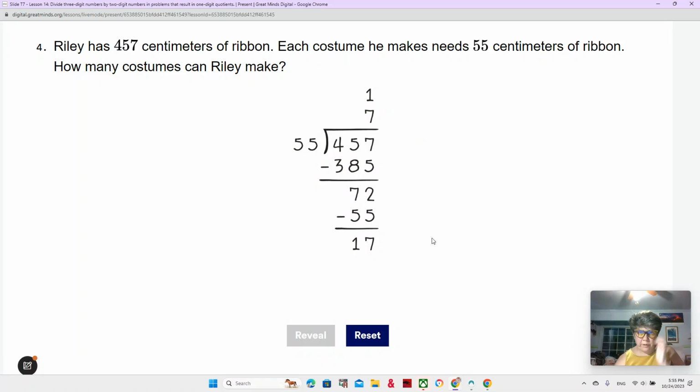So they're called partial quotients, which hopefully you know means part quotients, right? So if we were doing 7 and we thought 7 was the answer, right? Then 7 times 55 is 385, and that leaves 72 left over. So then we say, oh, this number's too big. I can get one more costume made. So I just put the 1 there, multiply the 55 again, and subtract, and I still have the 17.